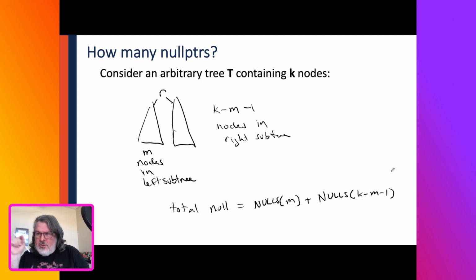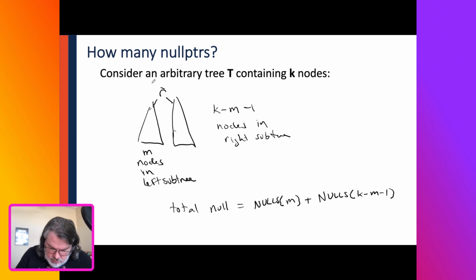So there are a couple of tricky pieces here to make this true. First of all, we have to accept that the root has no nulls, right? Because we've already taken care of the 0 and 1 cases. And if the right subtree, for example, is empty, or let's do the left subtree because it's a little bit easier to word. If the left subtree is empty, if m equals 0, the null to the left of the root pointer is charged to that subtree.